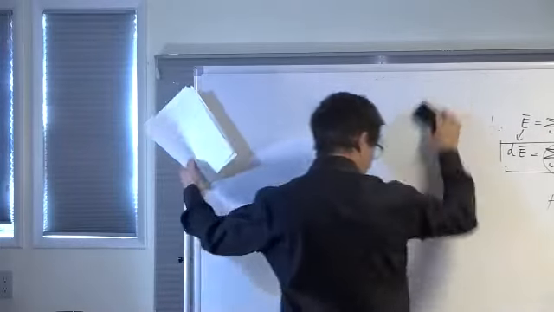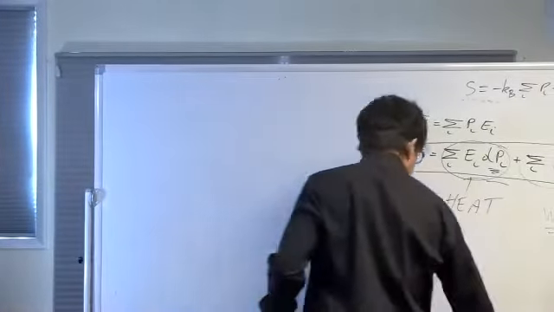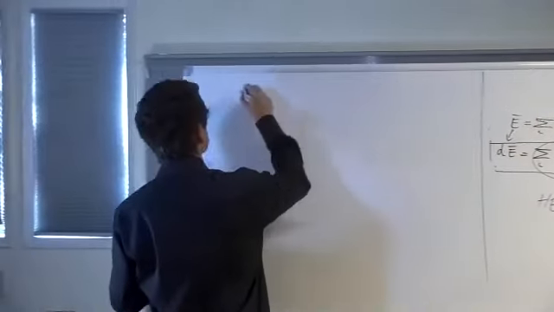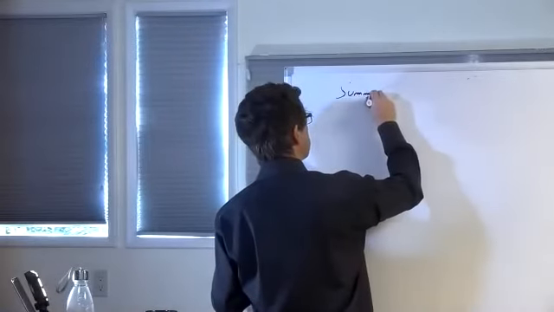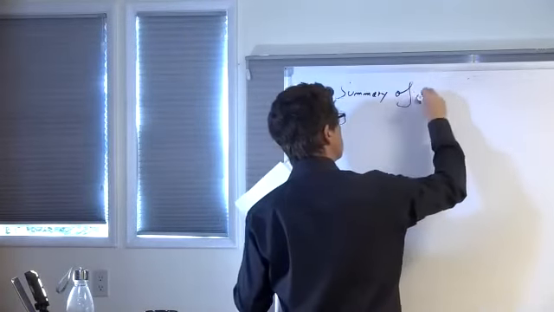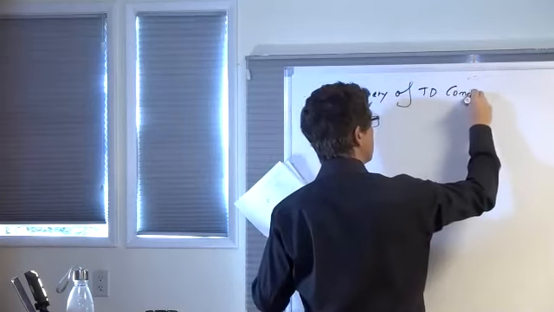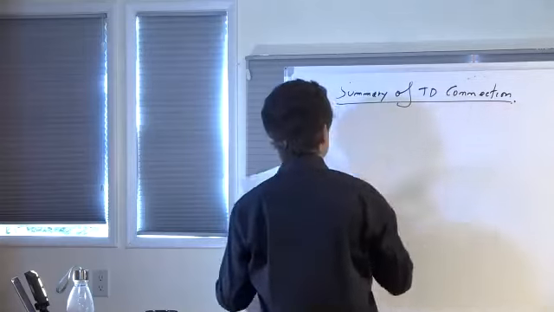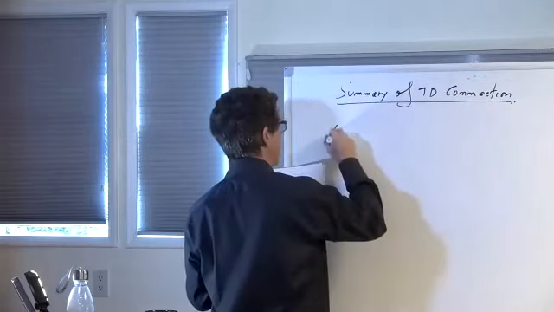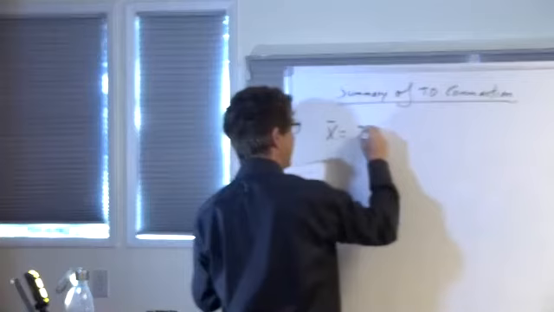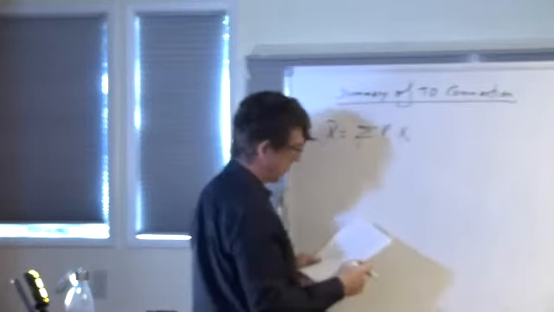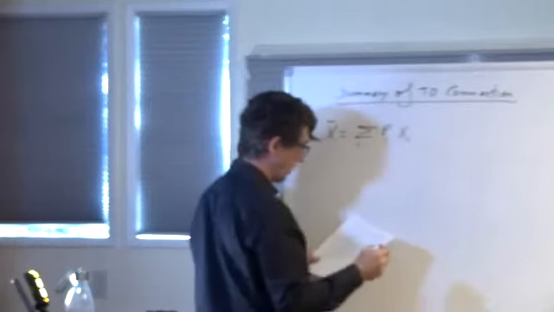Okay, so let's take a brief summary here. Let's do a summary of the thermodynamic connection. So far we've shown that for mechanical extensive quantities, the average is the sum over the ensemble probability times the quantity in the microstate.